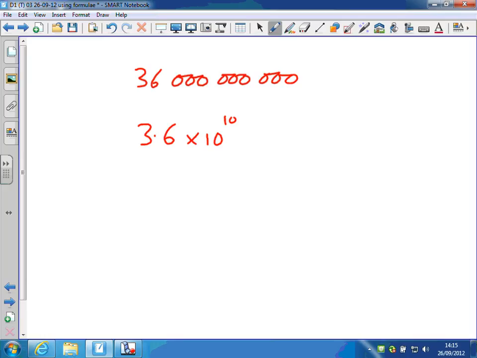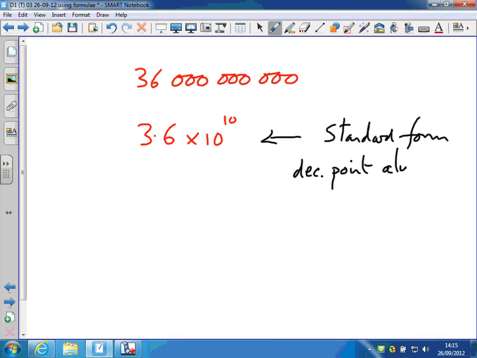In engineering notation, the only difference is, so this is standard form, where the decimal point is always, and that's underlined, always after the first significant figure.